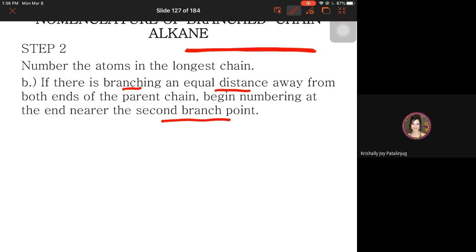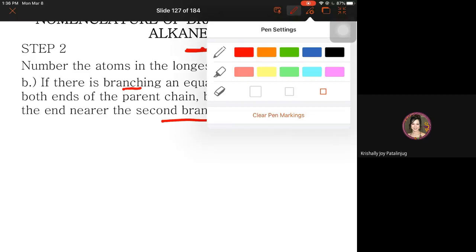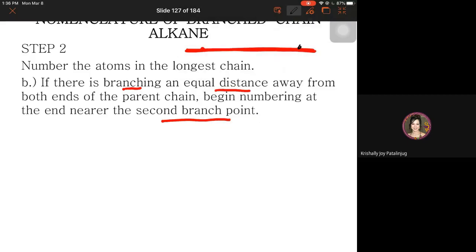Now, upon assigning number for that carbon atom chain, syempre mag-base diba ta sa first branching point, kung saan mas malapit. Now, upon finding out the location of the first branching point, magkaparehas lang yung distance.